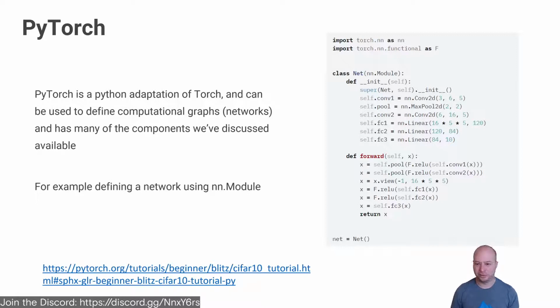So for example, this is actually taken from a tutorial from the PyTorch page. To use Torch to define a particular network, you would override this class of module. In the initialization, you can see here it's setting up a bunch of different components for itself, like conv1, pool. You can see it defining this convolutional layer, a max pool layer, another convolutional layer, and a bunch of fully connected layers, right?